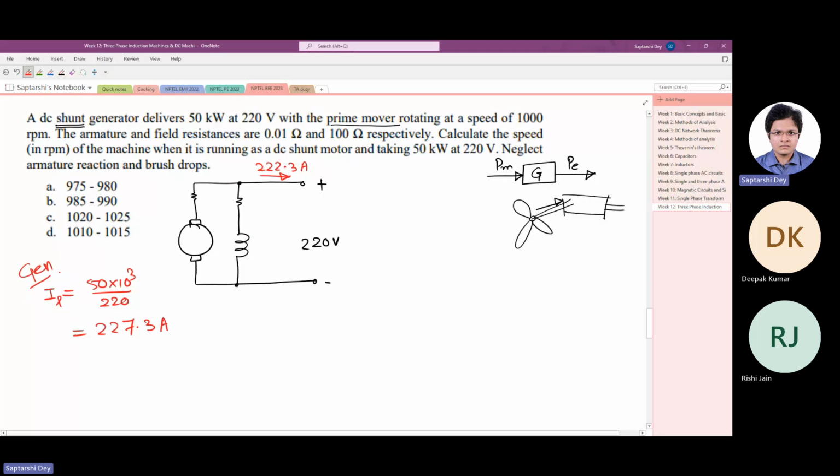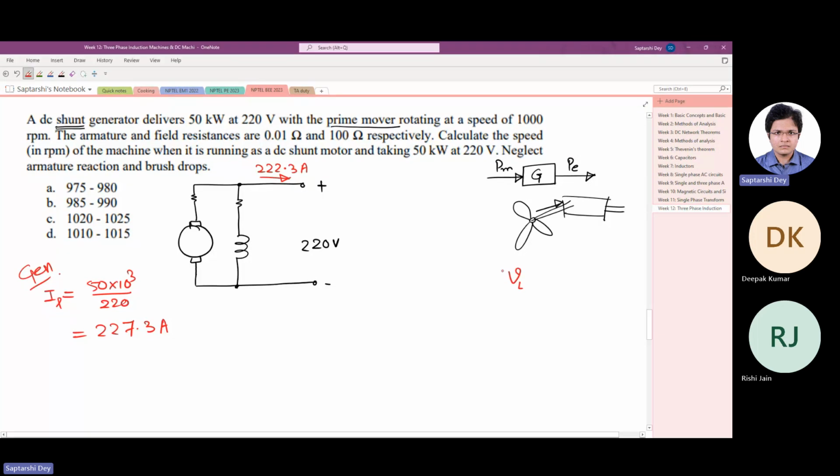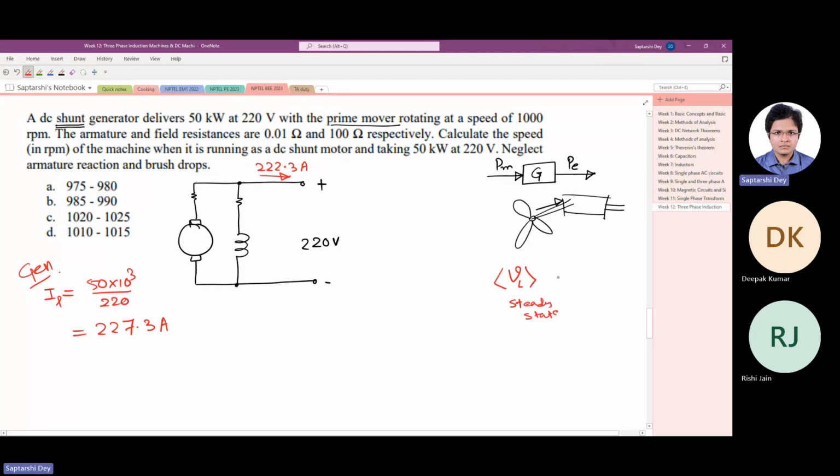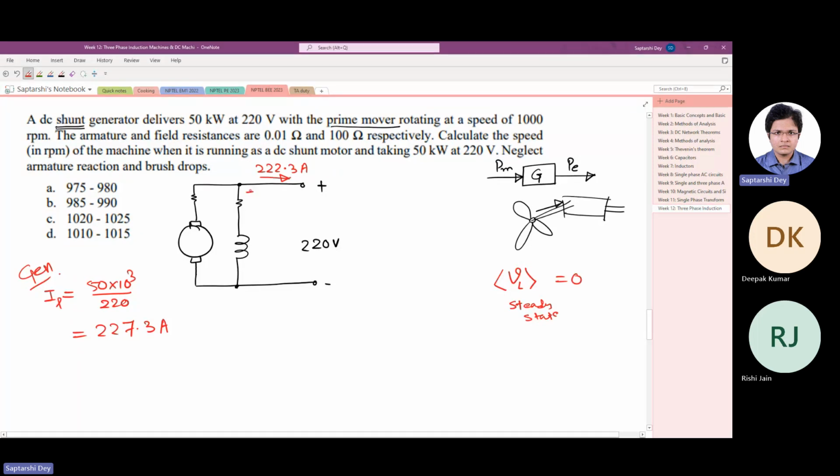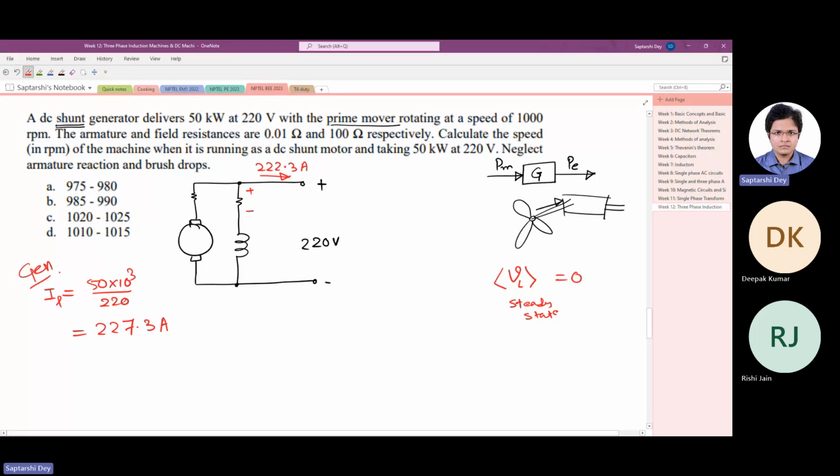We are talking about the steady state. Now at steady state, the inductor causes no average voltage drop across it. The average voltage across an inductor at steady state is zero. Okay. So the voltage across the field winding resistance is 220 volt.